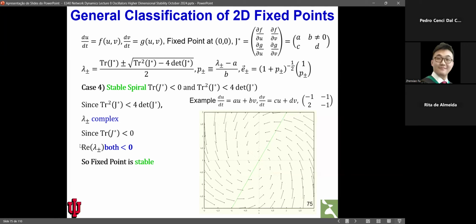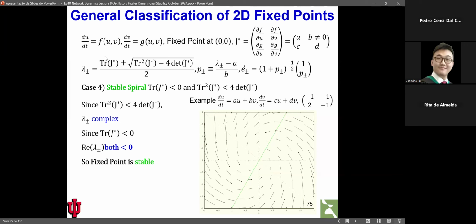You're assuming the trace of J is less than 0. And here, even if this thing is not real, the real part can be less than 0. What is important to flee away from the fixed point is not whether lambda is real or not, but whether the real part is less than 0.